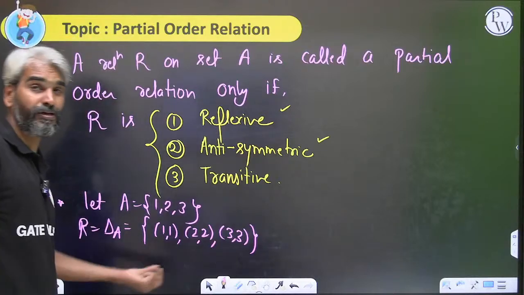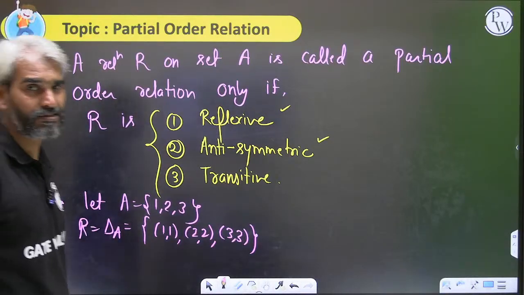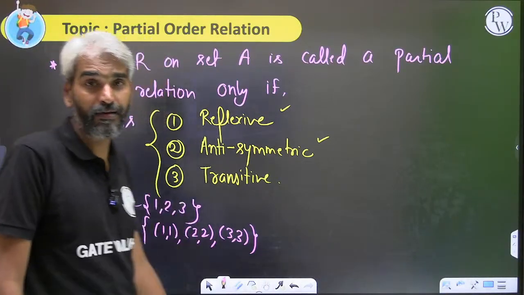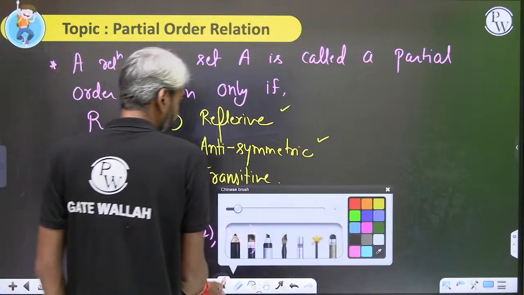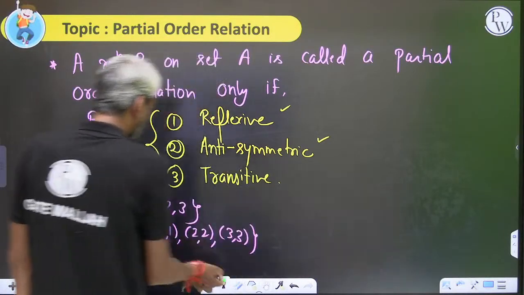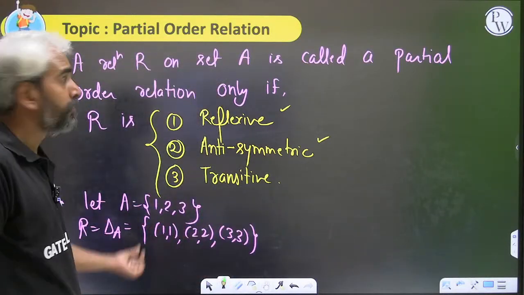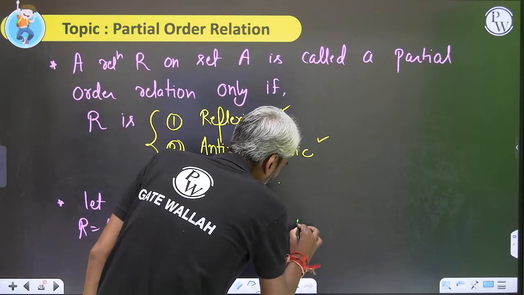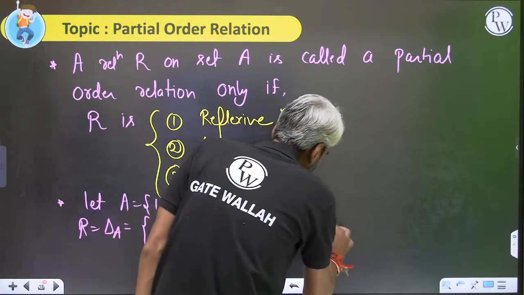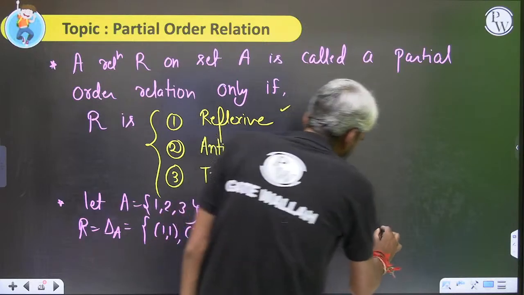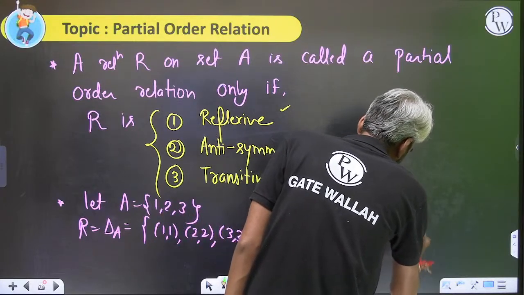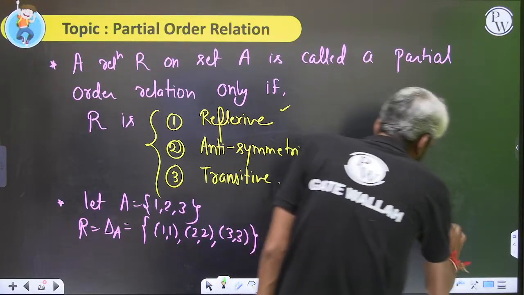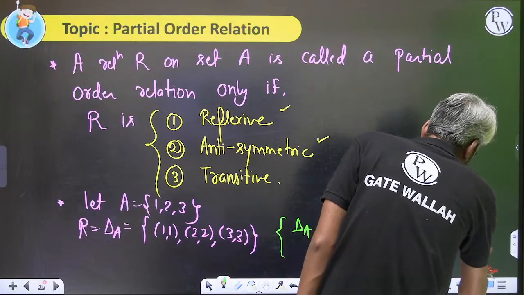Is it transitive? Yes, sir. There is no problem because of the presence of diagonal ordered pairs in the transitive relation. So this is okay. So this is the smallest partial order relation on set A. The diagonal relation delta A is the smallest partial order relation.